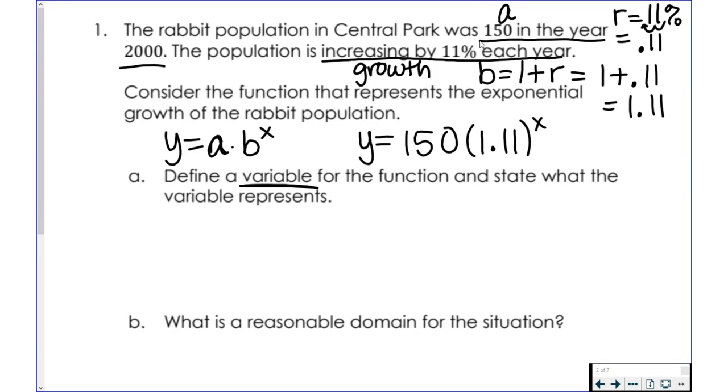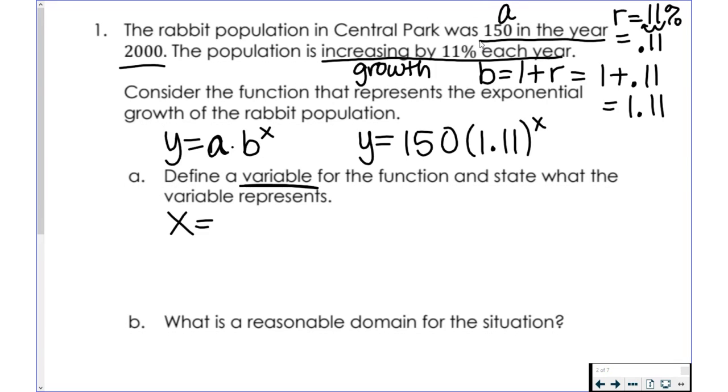Same with B. It's going to be increasing by 11%. I can't change that, so B is always 1.11. The only variable that you have is X. So they're telling you to decide on a letter, basically, that you want to use. You don't have to use X. You can use whatever you want.